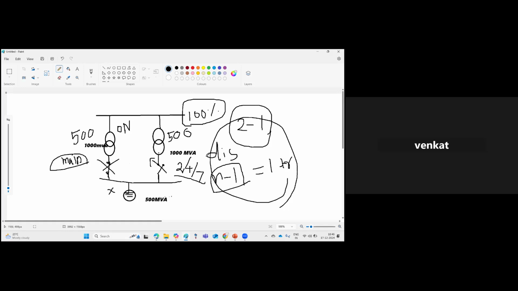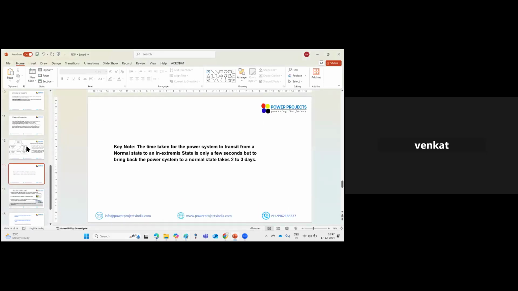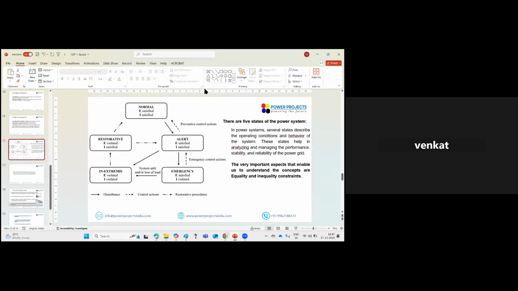At any time the heat might increase and it is in danger. So this is called an alert situation. But you see, the equality constraints are not violated yet, but it is an alert condition. Okay, is it understood?